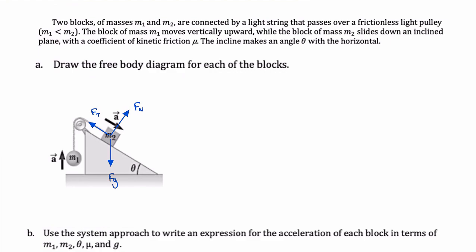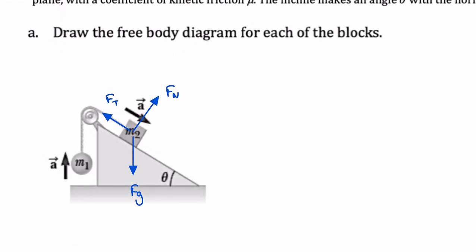In this case, it's telling us that mass 1 is moving vertically upward and mass 2 is moving down on the inclined plane, and this means that there will be friction acting in the opposite direction. So there is a force of friction acting in the opposite direction along the inclined plane.